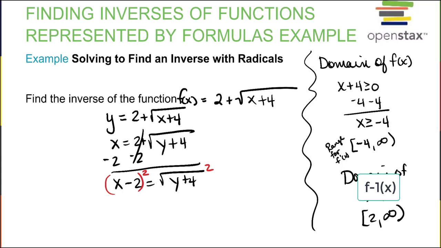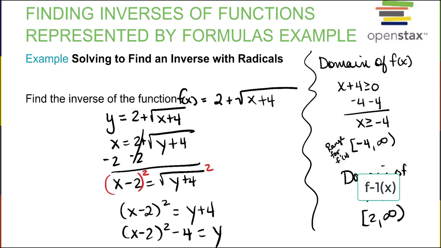That leaves me with x minus 2 squared equals y plus 4 because the square root canceled. Now I'm going to subtract 4 on both sides. And so that means my inverse function is equal to x minus 2 squared minus 4. That's the inverse function, and this is the domain of the inverse function right there.